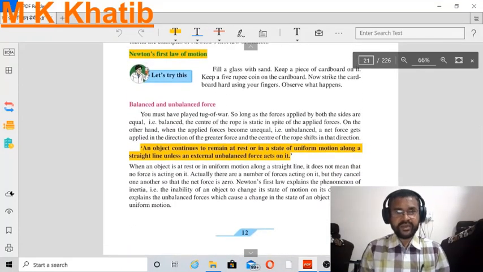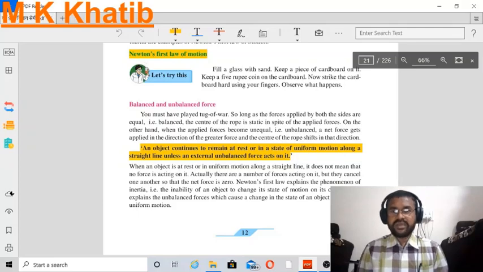The statement of the first law is: an object continues to remain at rest or in a state of uniform motion along a straight line unless an external force acts on it. This is the statement of the first law.